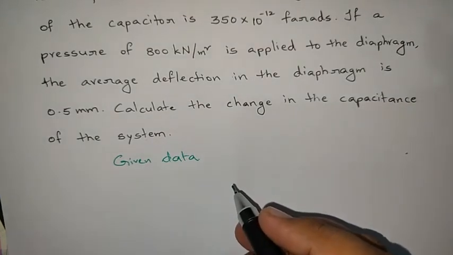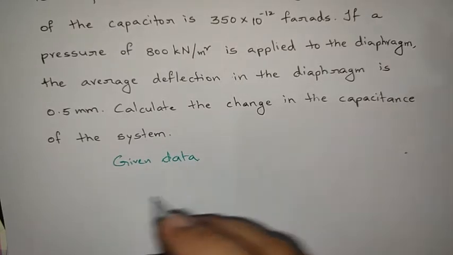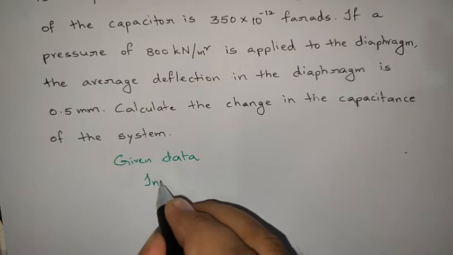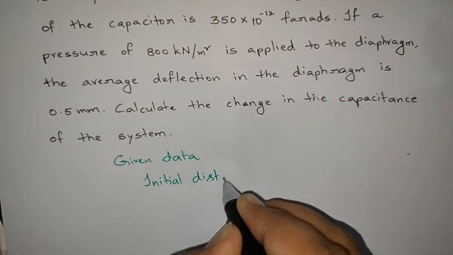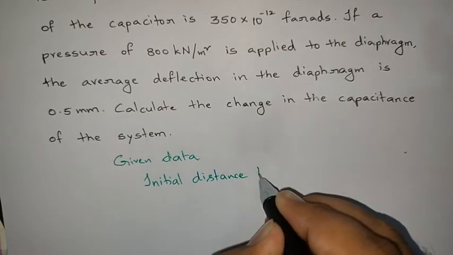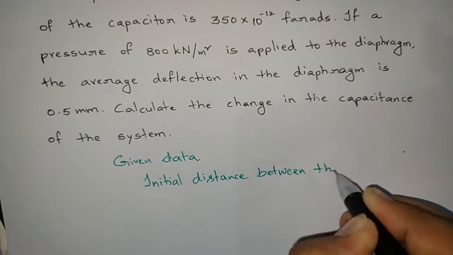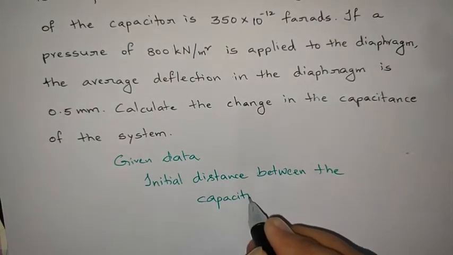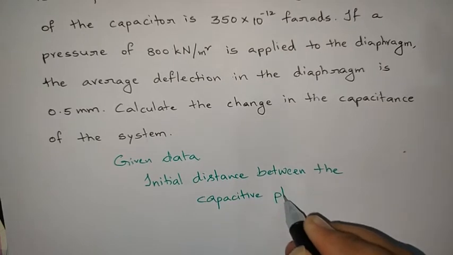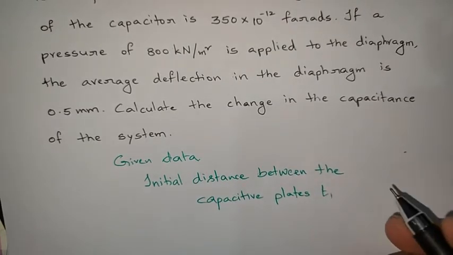So the distance between the capacitive plates is given. So write that: the initial distance between the capacitive plates, we take it as T1.